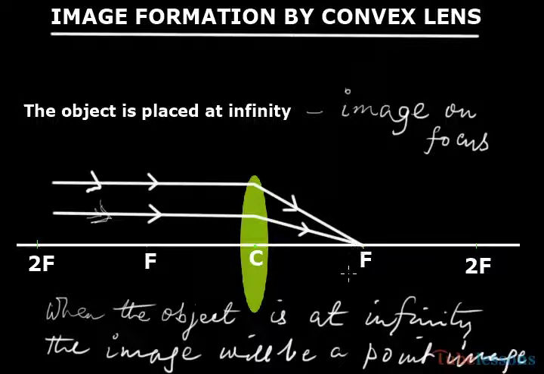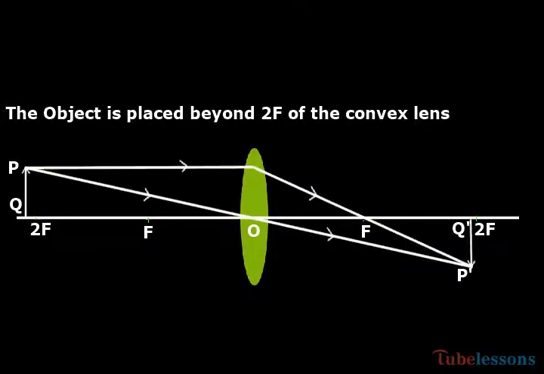Now this is first case, now the second case. Now the object is at a point beyond the center of curvature, that is beyond 2f.